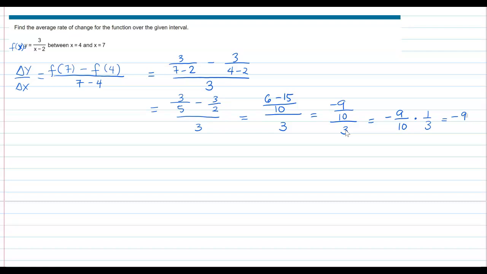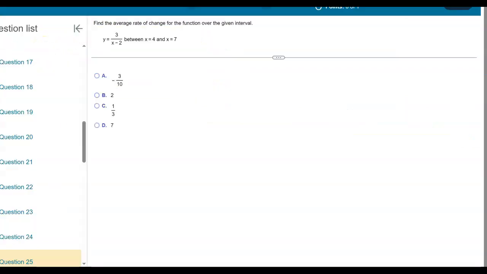Oh, and then you can simplify. Now the 9 and the 3 here have a common factor. So therefore this is equal to negative 3 over 10. That's the average rate of change for the function over the given interval. So if you go back to the problem, that is letter A.